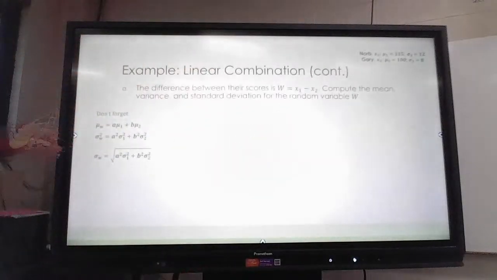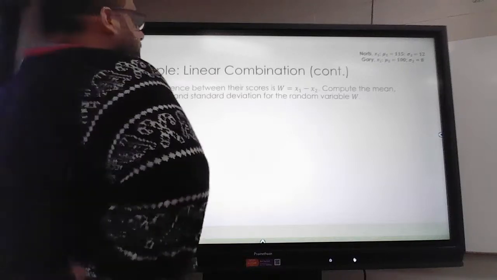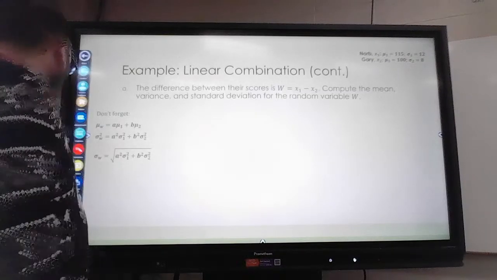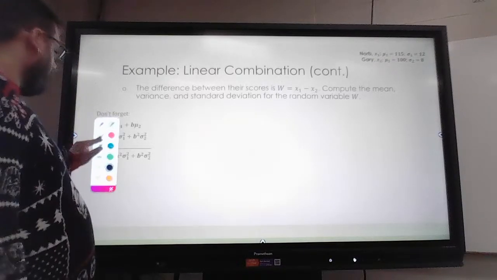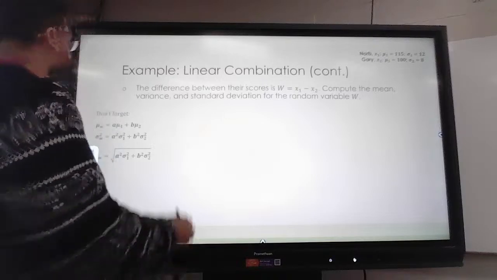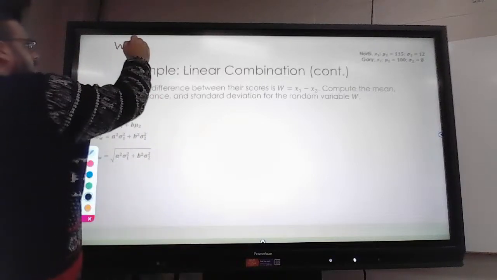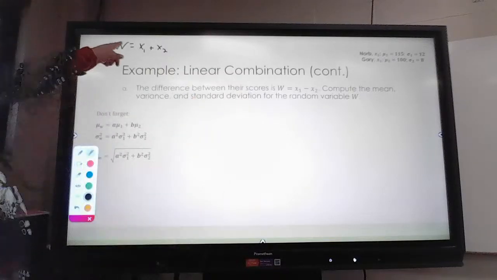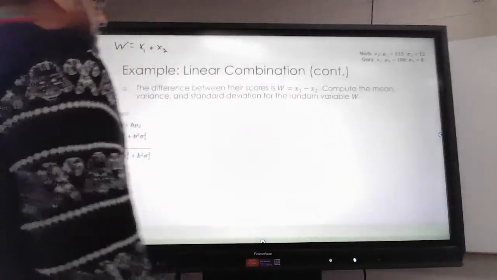Here are the formulas. The difference between their scores is W equals X1 minus X2. Compute the mean, variance, and standard deviation for the random variable W. Remember, here is the form for a linear combination, W equals aX1 plus bX2. Well, this is not so much different from this.